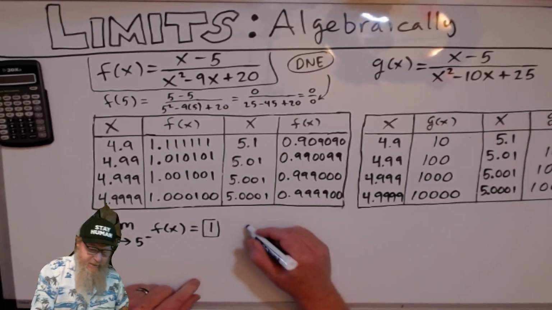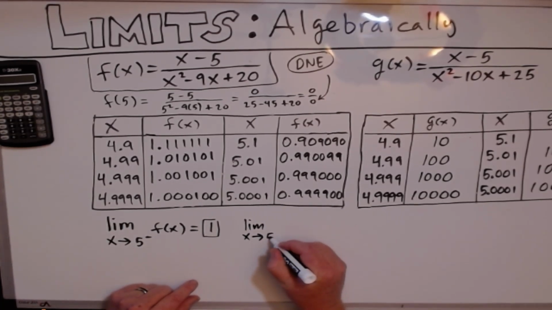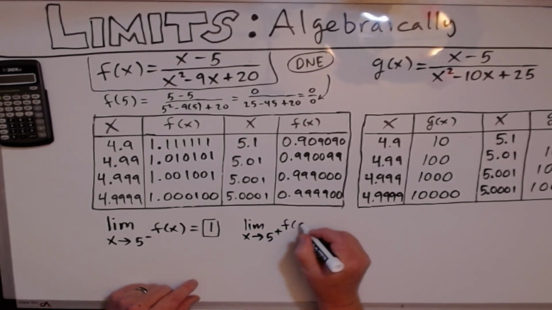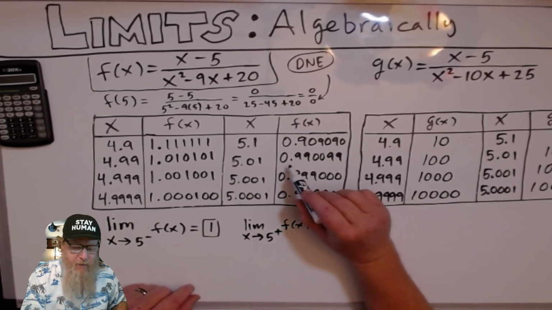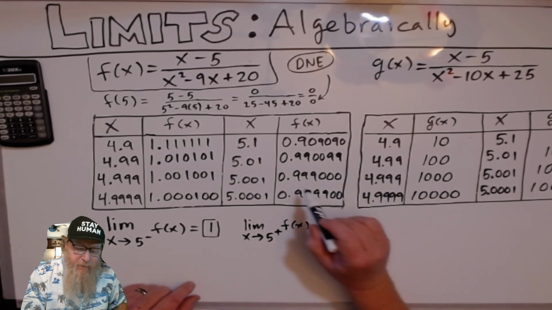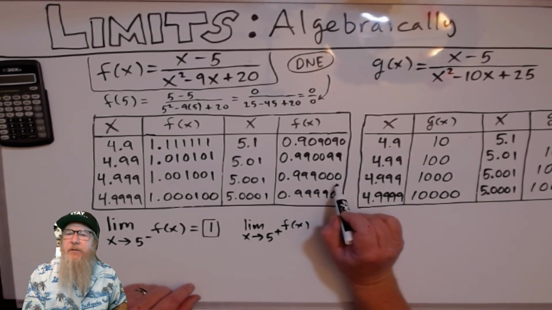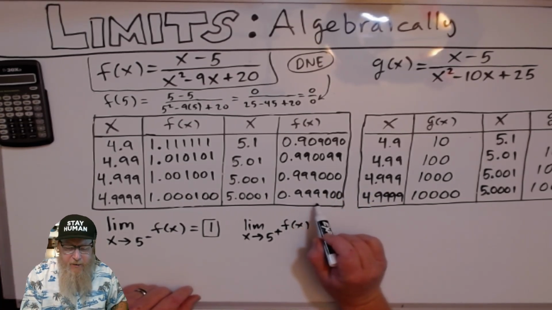Similarly, when we approach from the right, it's 0.909090, 0.990099009900. See the pattern? 9990000, 9990000. Pretty distinct pattern here.